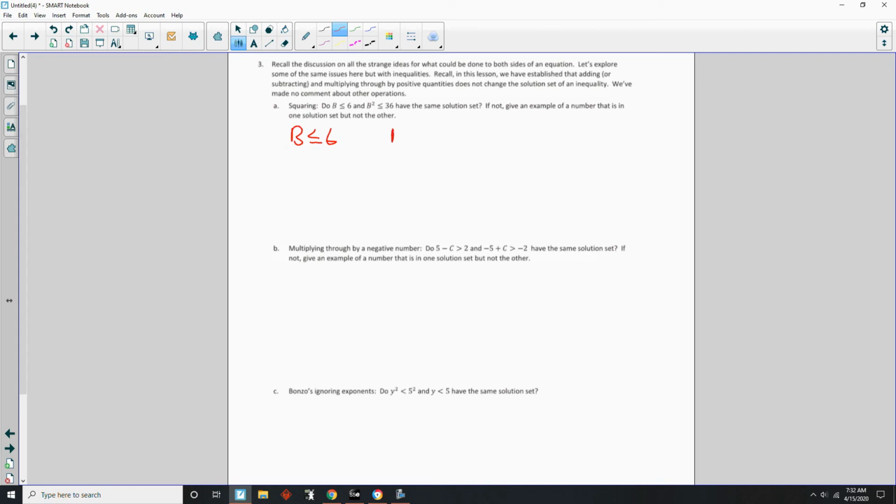But if I take b squared is less than or equal to 36, and I take the square root of both sides, then we get b less than or equal to 6, or b greater than or equal to negative 6.